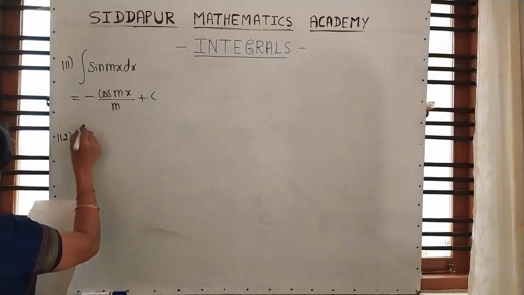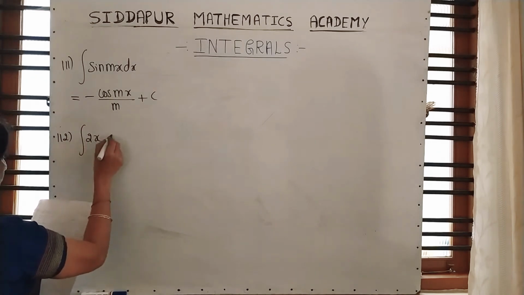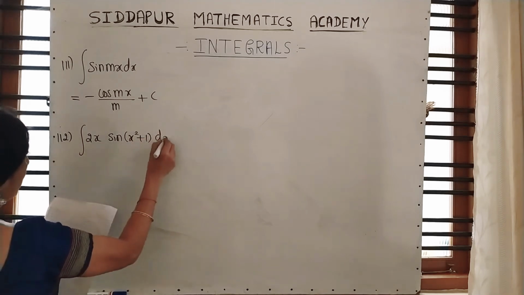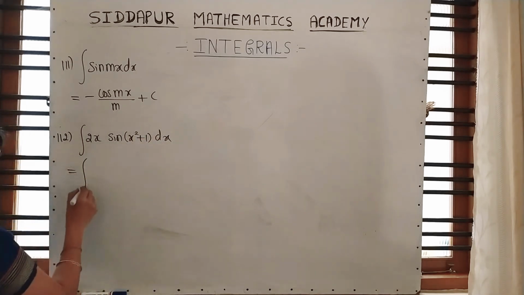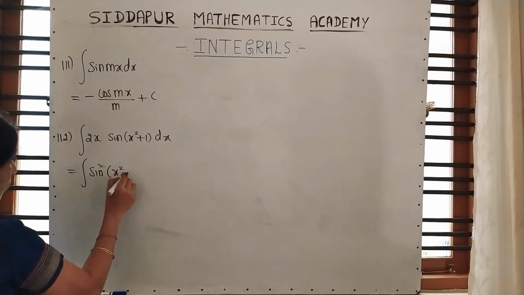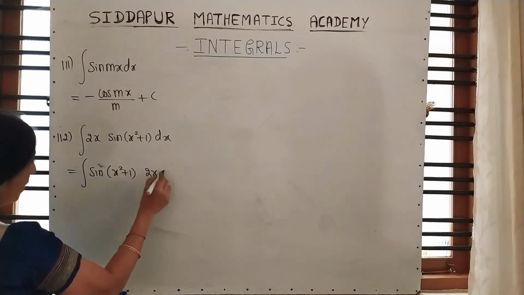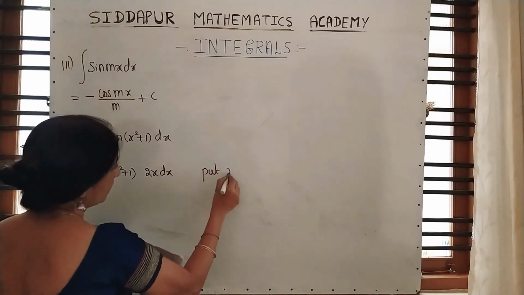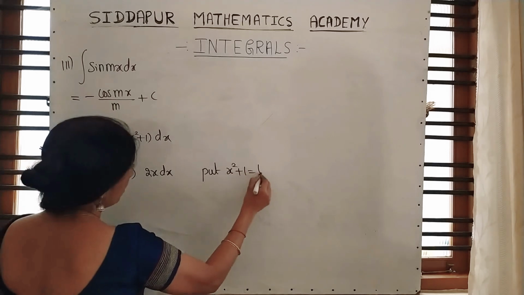Next example, integration of 2x sin of (x square plus 1) into dx. So can we write the problem like this? Sin (x square plus 1) 2x into dx. Now you know what the substitution is? Yes. x square plus 1 as t.